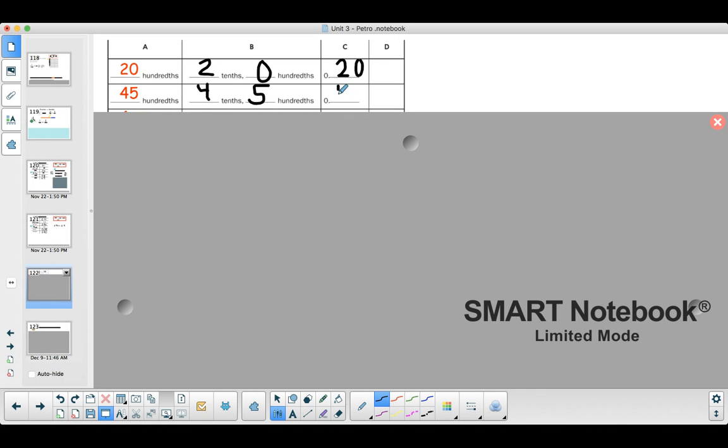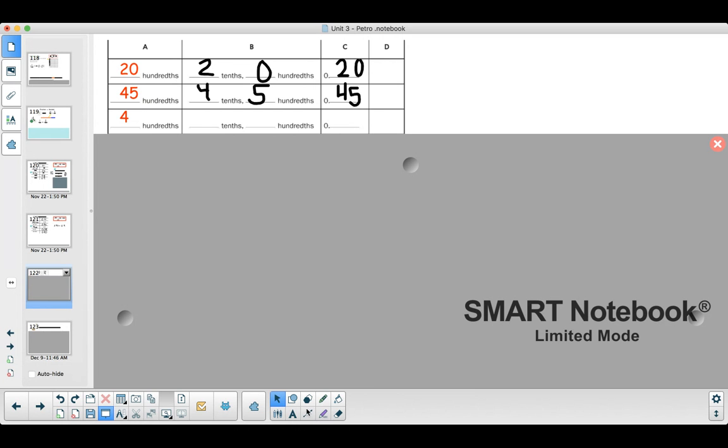To write this as a decimal, I would do 0 and 45 hundredths. 4 hundredths, I have 0 tenths, I have 4 hundredths. To write it as a decimal, it would be 0 and 4 hundredths.